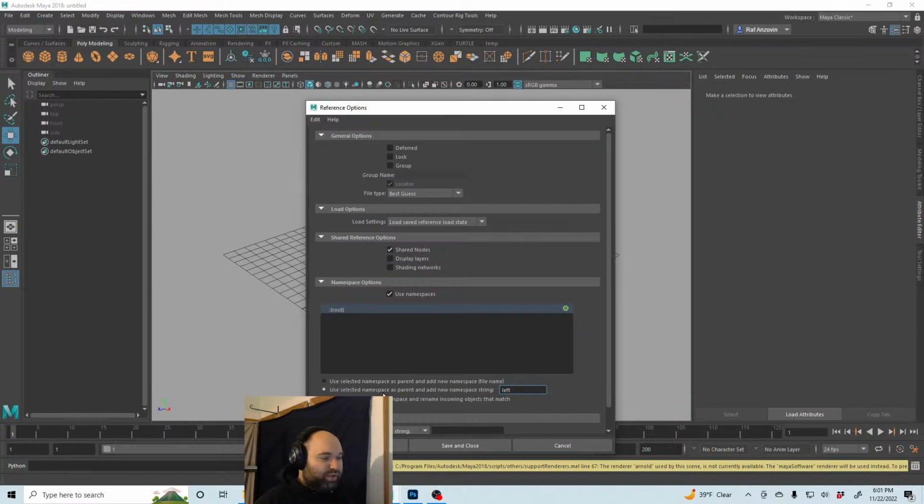I'm going to be using the selected namespace as parent, by which they mean root, and I'm going to add left as a namespace, or actually, it should really be left arm, because that's where this thing will come from. That's the namespace of this particular arm. You have multiple arms. You at least have a left and a right one, most of the time. So you need to disambiguate them.